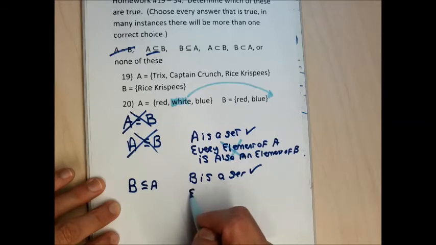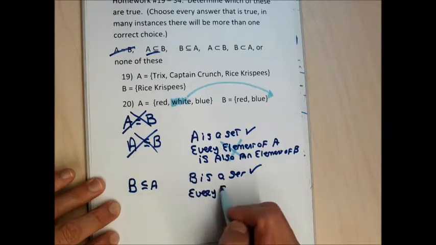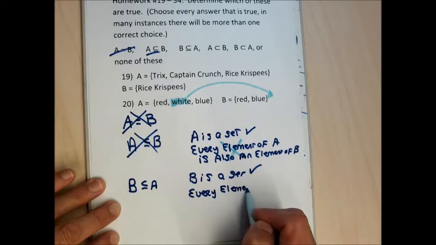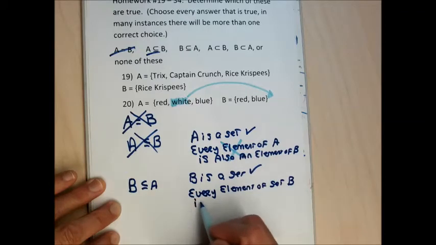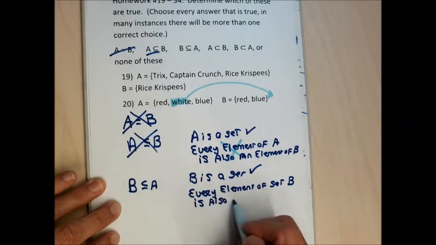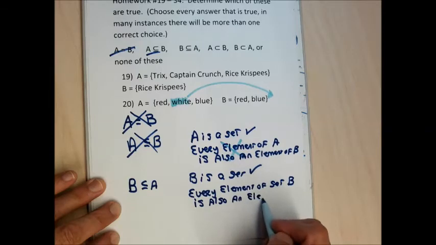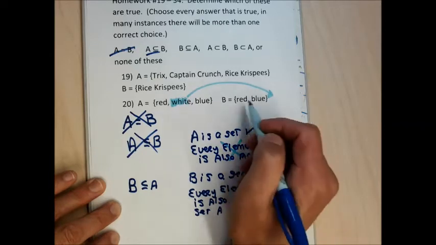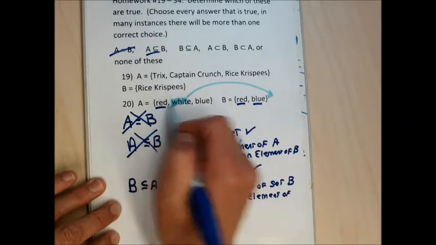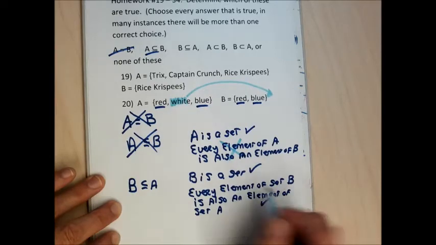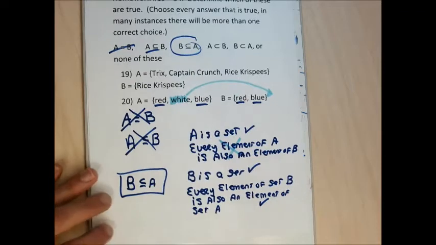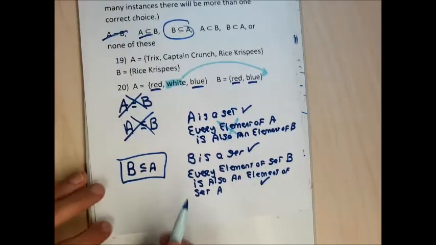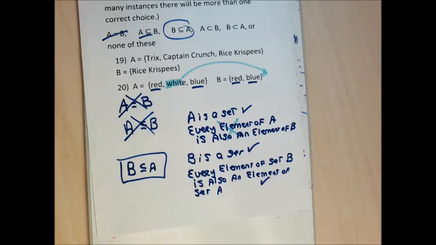And then rule 2, every element of set B is also an element of set A. The two elements of set B, red and blue, are also elements of set A. That rule is satisfied. That's going to be part of my answer. Let me move on to the next symbol. A is a proper subset of B, and pull out another sheet of paper for that.